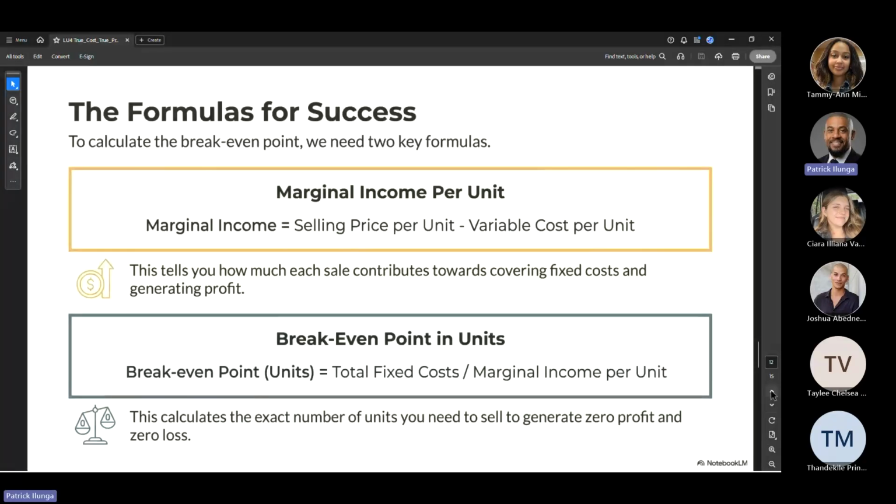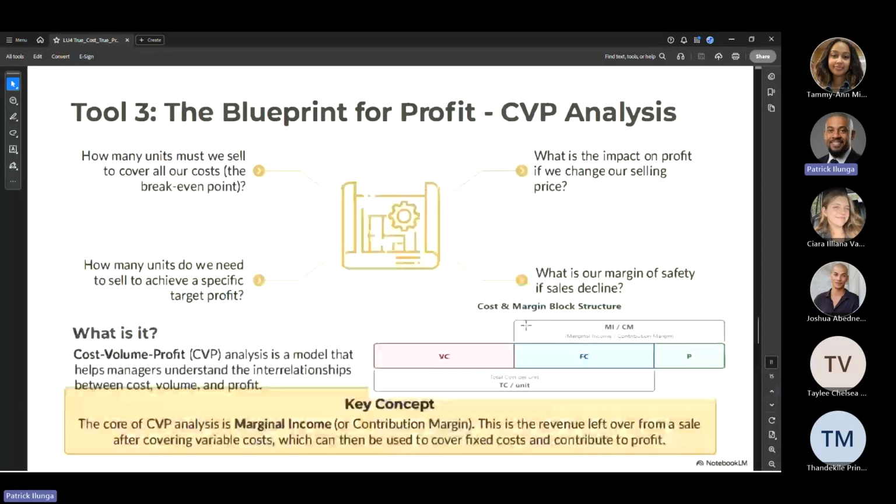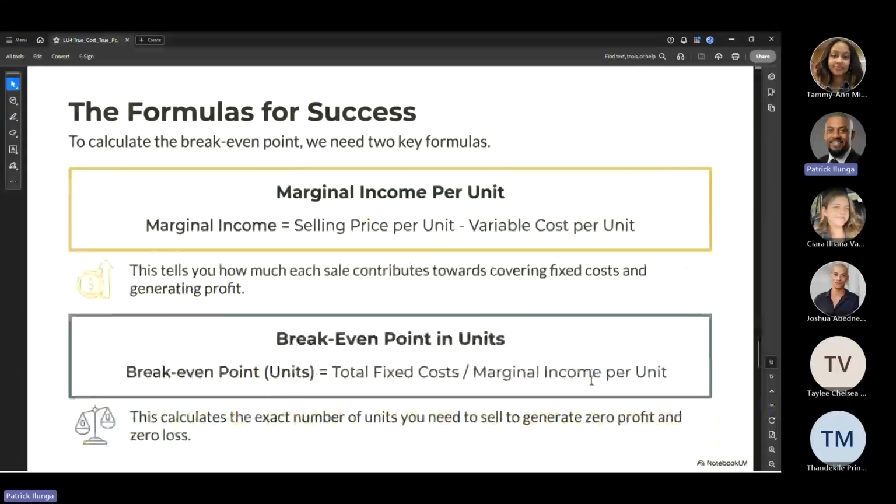You see, you can never memorize a formula. Don't just blindly memorize a formula. If you understand this, there's no need for memorizing. Because to calculate the break-even point, what do you do? You take the total fixed cost divided by this marginal income per unit. That's it. Once you have the marginal income, you take the total fixed cost divided by the marginal income per unit. Why is this important?